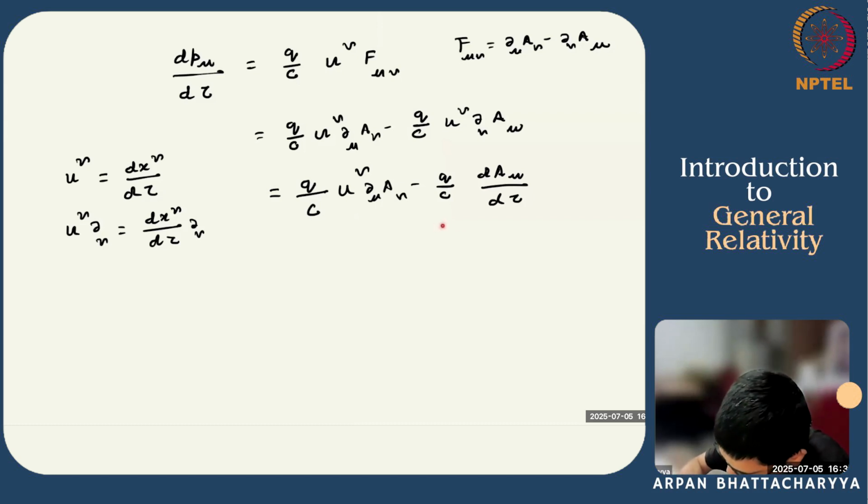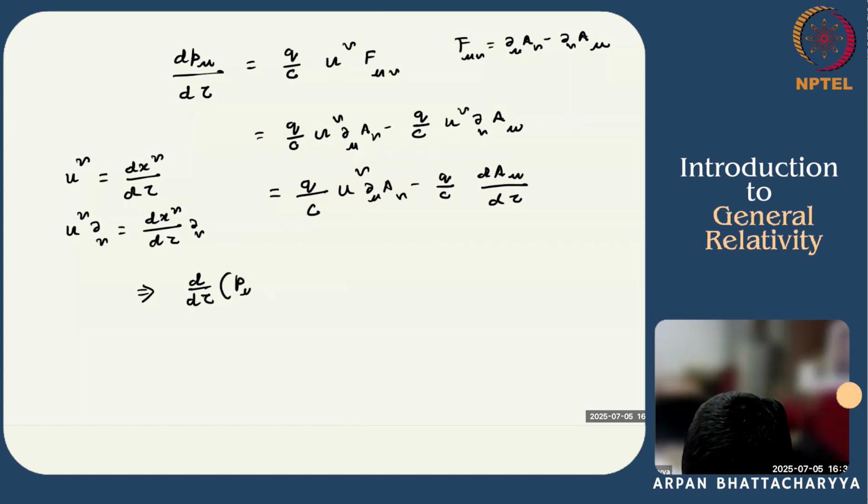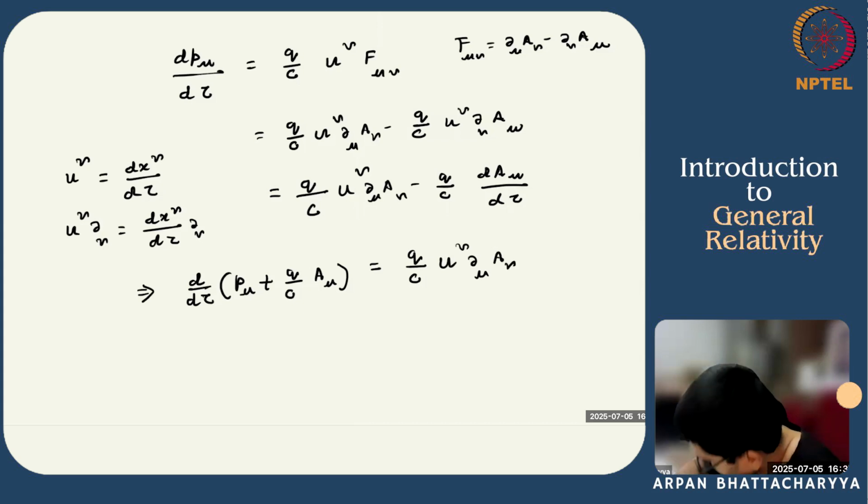Now you can see we can take this term to the other side and combine with p mu. So if you do that, you have d by d tau of p mu plus q by c A mu is equal to q by c u nu del mu A nu.